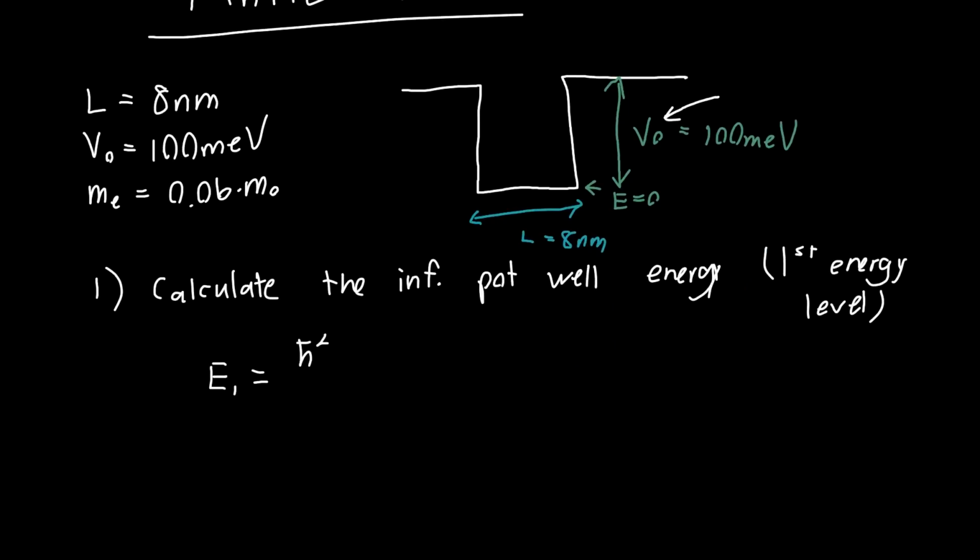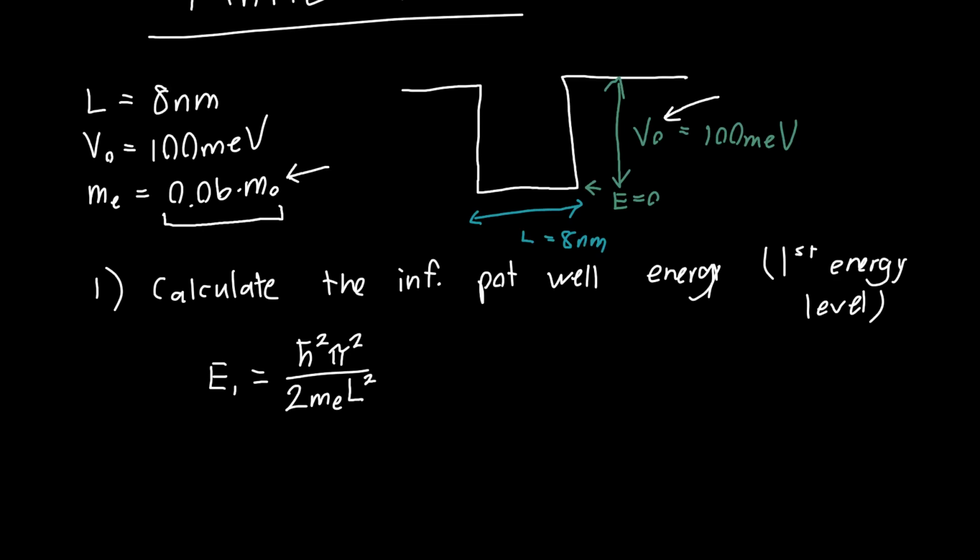We know it's just h bar squared pi squared over 2m, and in this case, this is m of the electron, times L squared. And if you haven't seen this effective mass before, in semiconductors, the apparent electron mass tends to be much lower than the electron mass in free space.